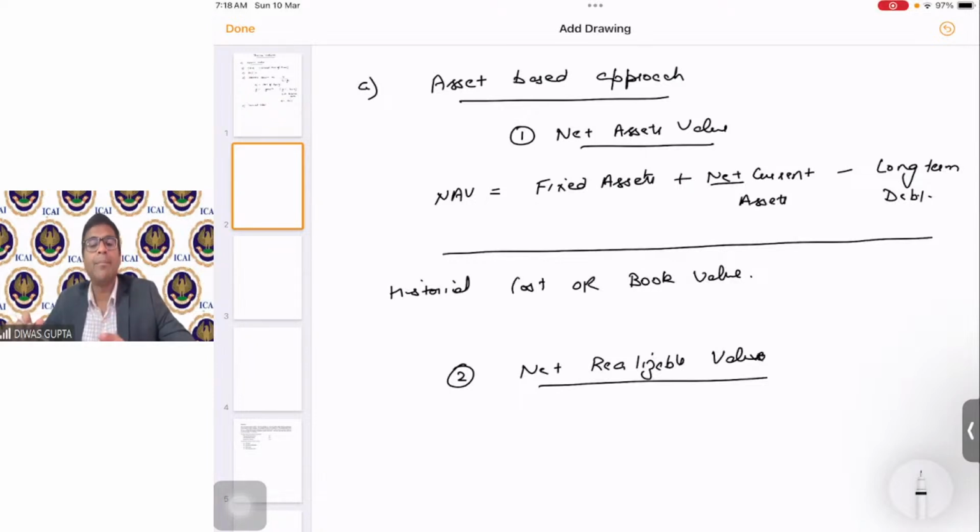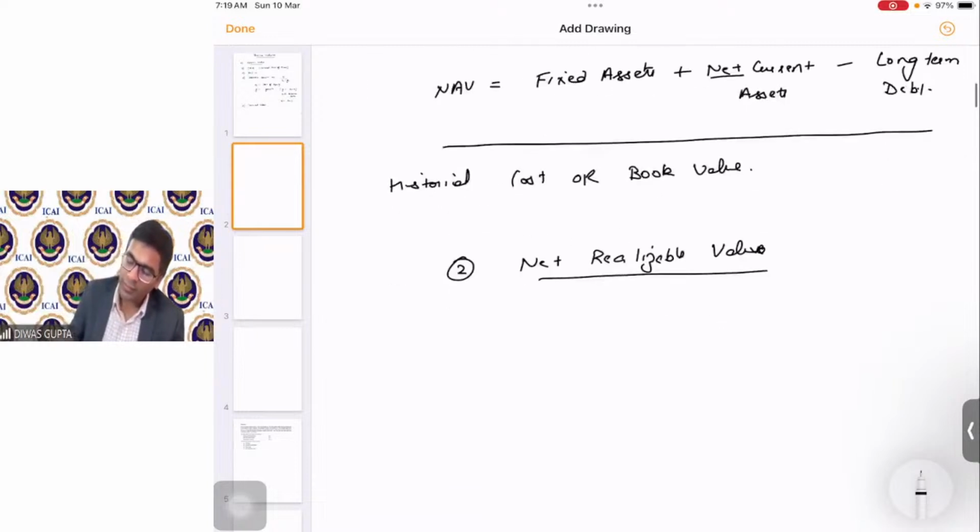So in a way, net realizable value translates the book values to the ultimate realization values. It adjusts the book values to some extent to the reality. This is also called the liquidation value or adjusted book value, students.